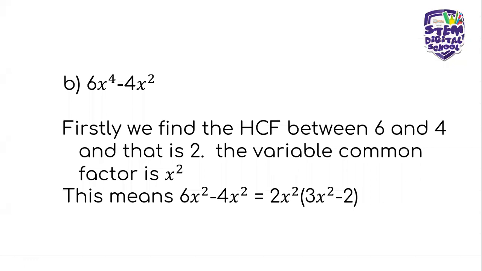So that will be the expression which is now factorized. So the expression will be 2x squared, open bracket, 3x squared minus 2. So that is the expression. Let me now take you to the next one.